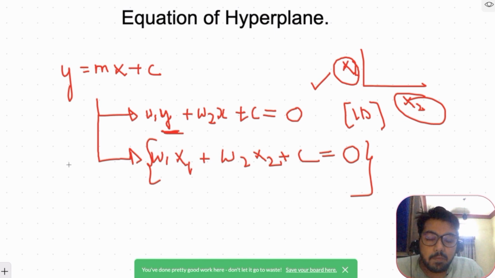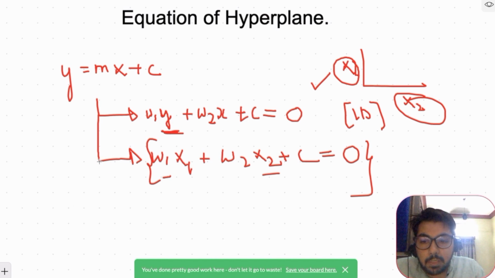As we discussed, when we have multiple features, the dimension of the hyperplane increases, and it is the dimension of the features minus 1, so we will keep on adding weights and features in this equation.